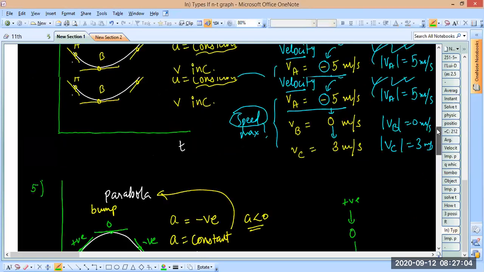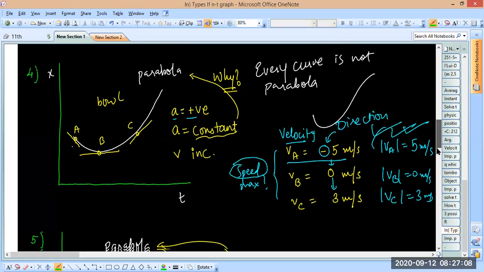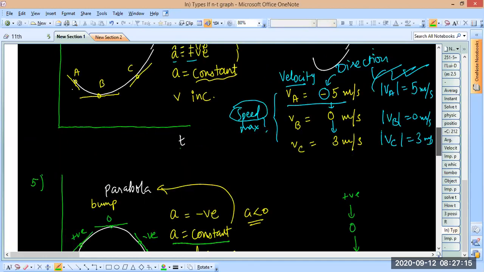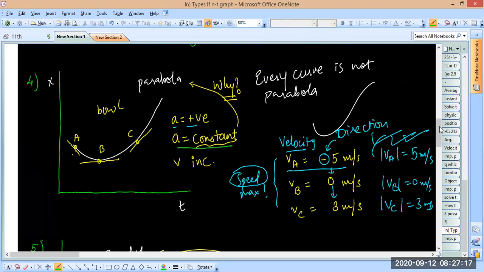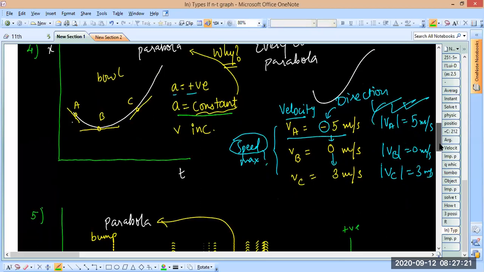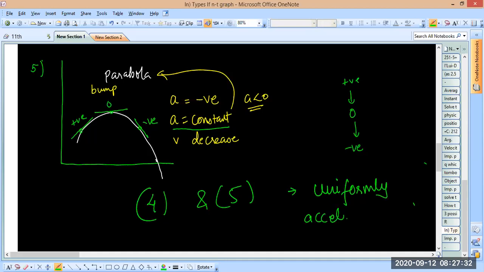Now I want to tell you something about number 4 and number 5. In both these cases acceleration is constant. I hope you have space, unlike me, I don't have any space here. These cases 4 and 5 are both called uniformly accelerated motion.